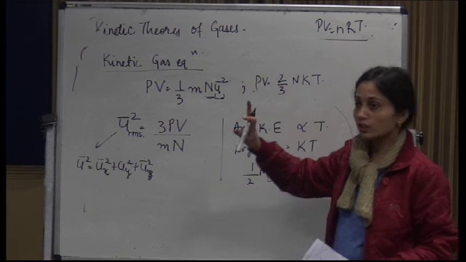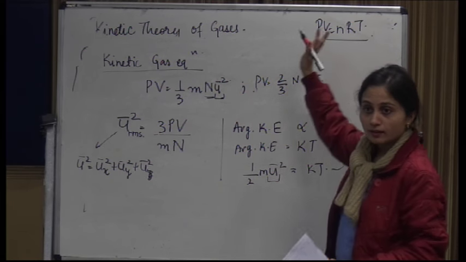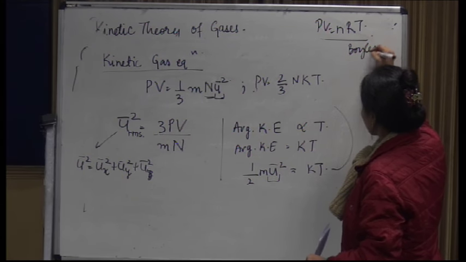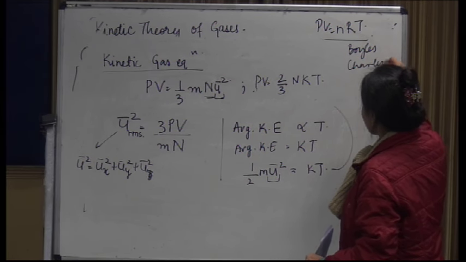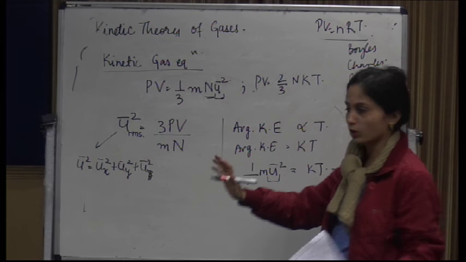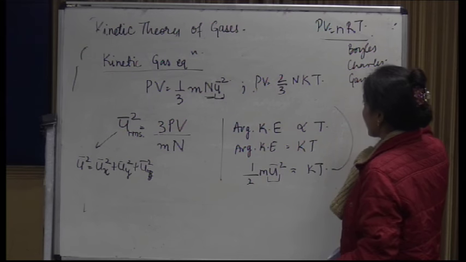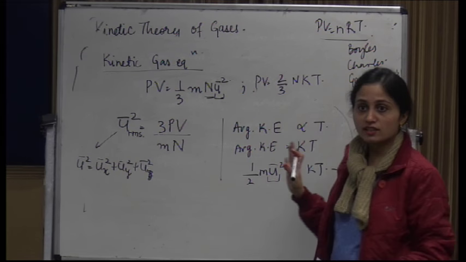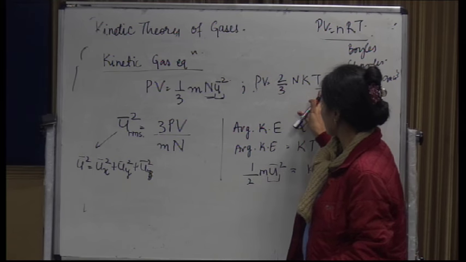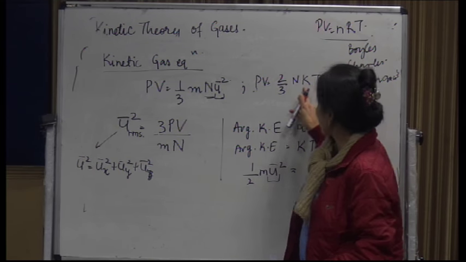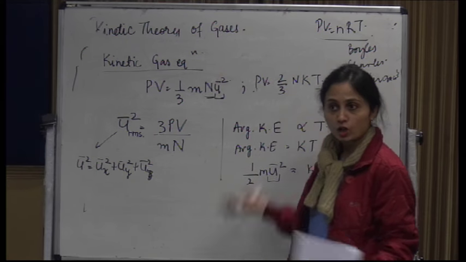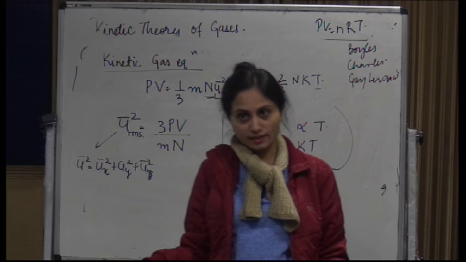Now what were the laws followed by our ideal gases? They were Boyle's law, Charles's law, and Gay-Lussac's law. Let's check them and then we'll say it follows. Boyle's law states that at constant temperature, just look at this, n is the total number of molecules, k is a constant, 2 by 3 is a constant. So at constant temperature your PV will be a constant. So Boyle's law is being followed.